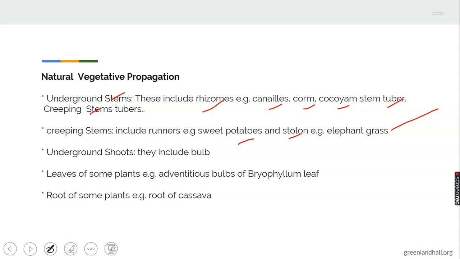Underground shoots will also undergo vegetative propagation. Underground shoots include our bulb, which we have in onion. Onion is a very good example of a bulb.